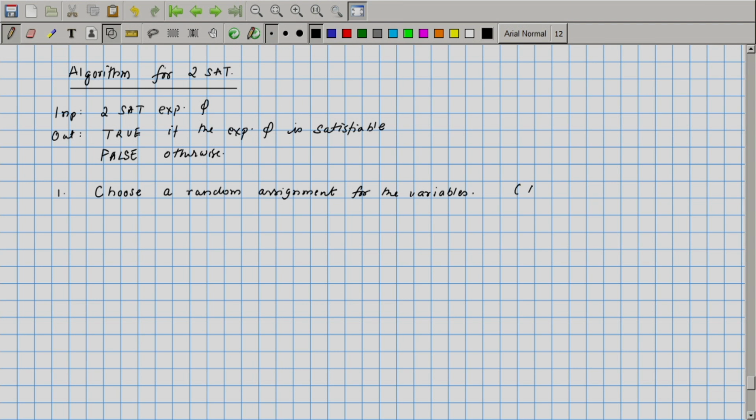Let us call this the initial assignment or A0, and then repeat the following steps, unless a satisfying assignment has already been found.